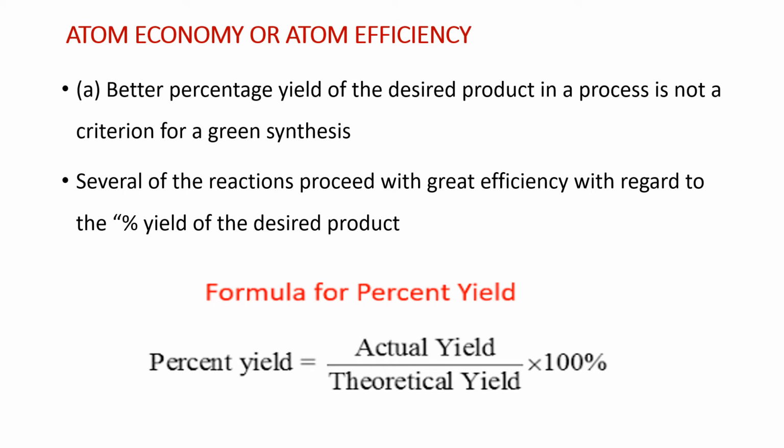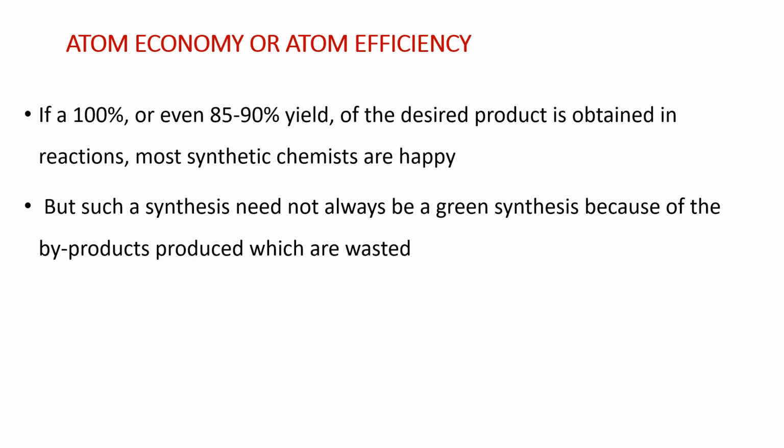Percent yield is equal to actual yield divided by theoretical yield times 100%. If 100% or even 85 to 90% yield of the desired product is obtained in reactions, most synthetic chemists are happy. But such a synthesis need not always be a green synthesis because of the byproducts produced which are wasted.